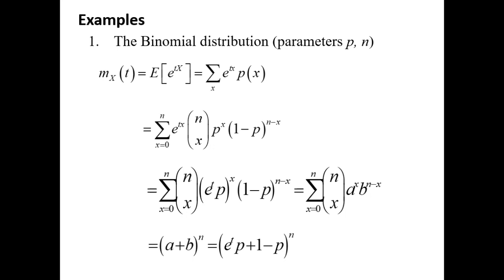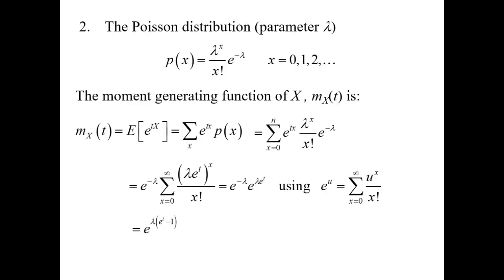And this is equal to summation from x equal to 0 to n of nCx a raised to x b raised to n minus x, and this is the binomial expansion of (a plus b) the whole raised to n. Substituting the values of a and b, we get (e raised to t p plus 1 minus p) the whole raised to n.